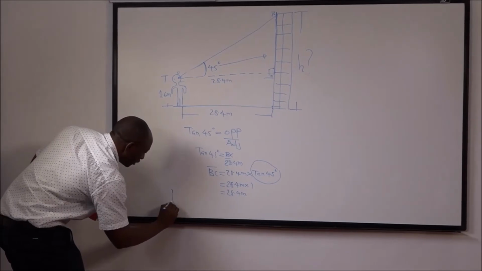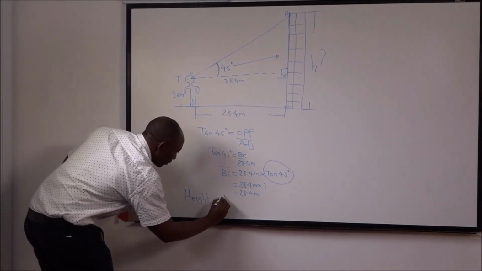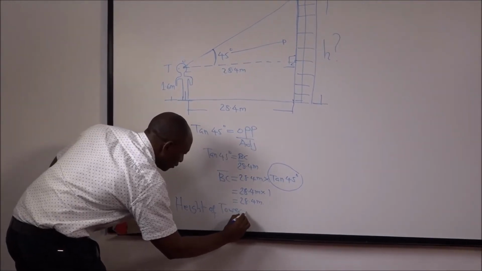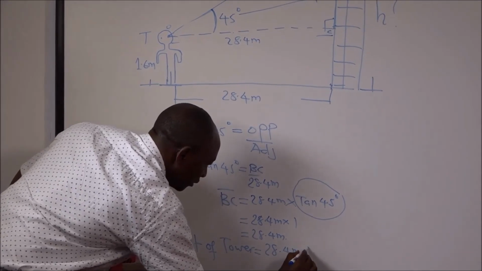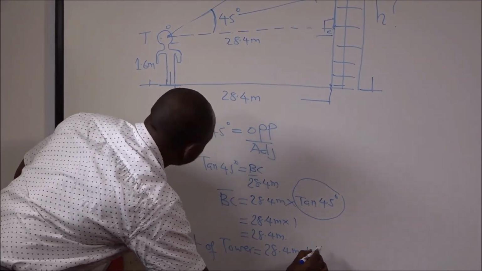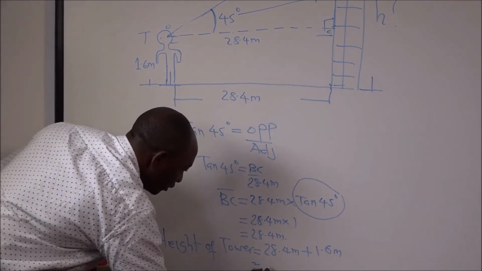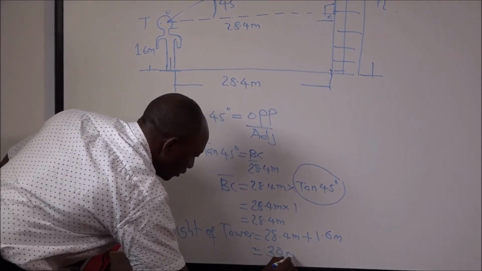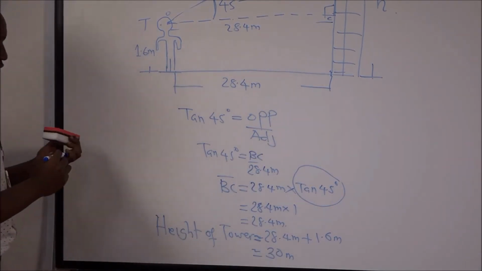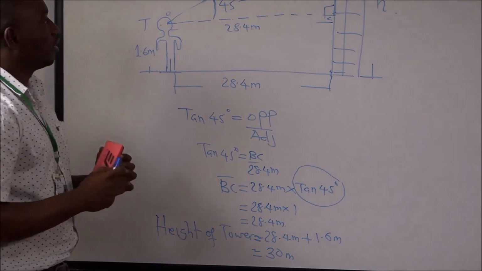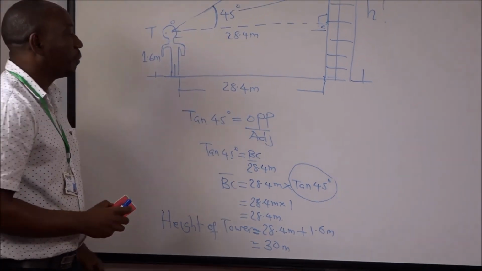So height of the tower will take 28.4 meters. We'll add it with 1.6. So this one will be approximately equal to 30 meters. We are just approximating. So this is how to use the concept of trigonometric ratio in solving problems.